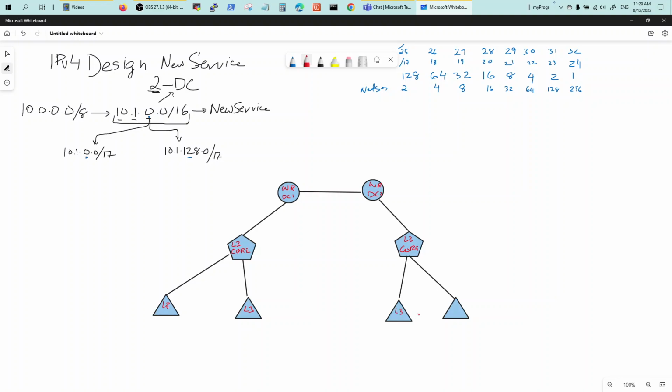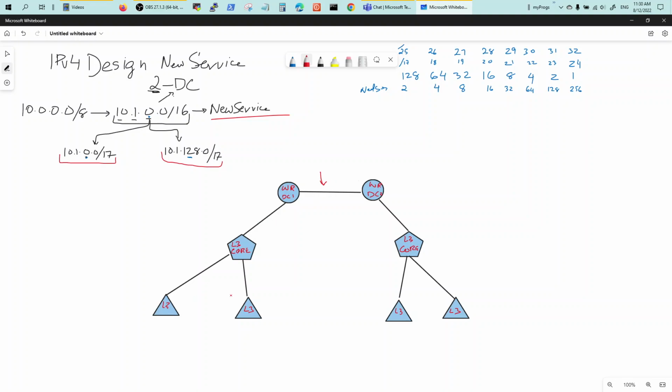Now we need to deploy this addressing scheme that we have carved out. Using this addressing scheme, we will start addressing our new service, assuming that this guy is already addressed and connected and routing is happening.